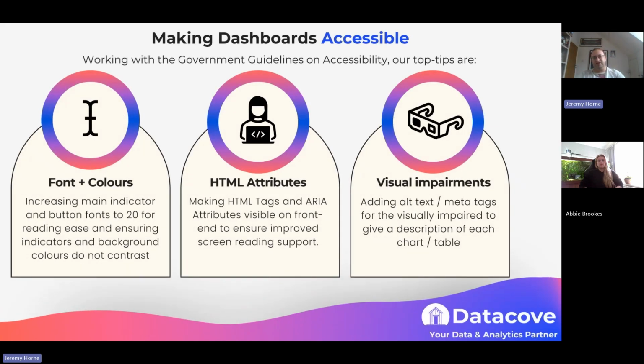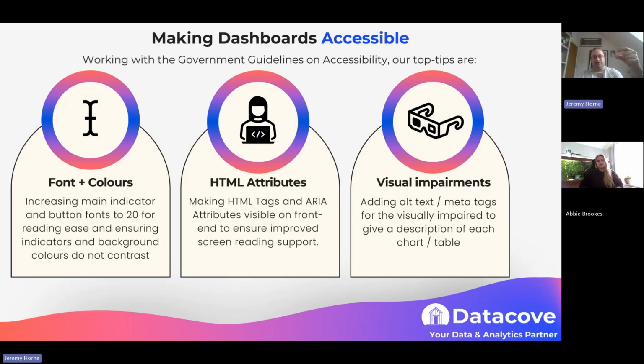And there's a few things that you can do. One of the great things about this particular project was we actually factored in an accessibility audit, and it came back with a few top tips. The first one is fonts and colors. So, just make sure that you have the right kind of writing on the right color. If you've got a light gray box, don't put some white writing on it because people aren't going to be able to see that clearly.